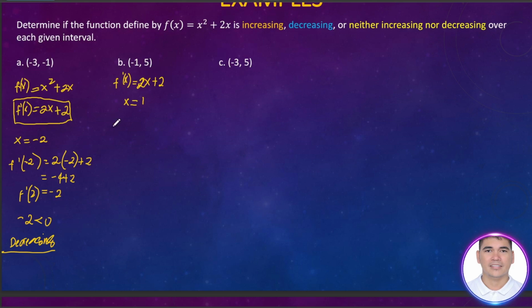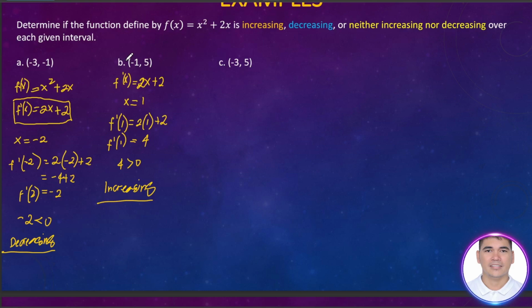So, I choose 1. F prime of 1 is equal to 2 times 1 plus 2. The answer is 2 times 1 is 2 plus 2, 4. And 4 is greater than 0. Therefore, in this one, that is increasing because it is greater than 0. See? Napakadali lang to determine if it is increasing or decreasing using our theorem 2.5.1 compared to the definition 2.5.1.